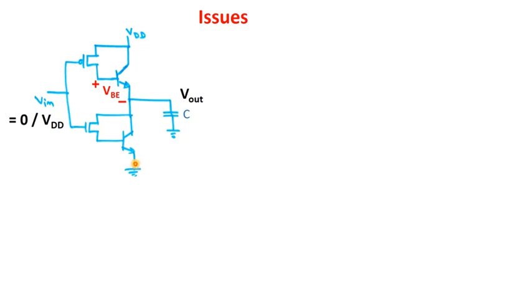Again, to switch on this BJT, the minimum voltage V of BE has to be applied across it. Once V out during discharging becomes equal to V of BE, this transistor becomes off, so it cannot discharge any further. So the minimum output voltage possible for this circuit is equal to 0.7 volt.